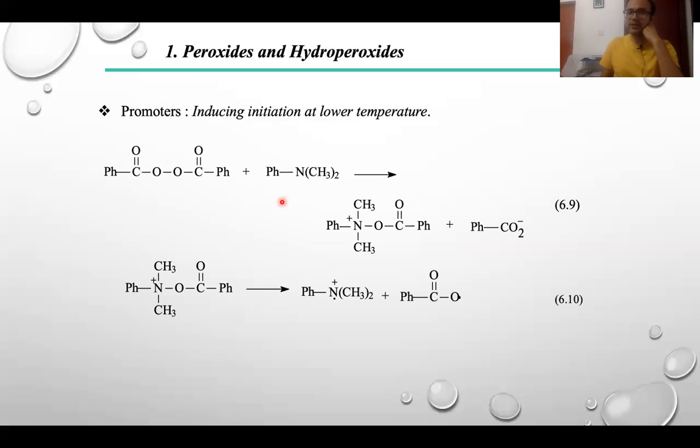Okay, for that you use certain promoters like N,N-dimethyl aniline. If you use it, it reacts with the radical to generate ultimately this particular cationic radical. Okay, and ultimately it leads to the formation of this benzoyl oxy radical.